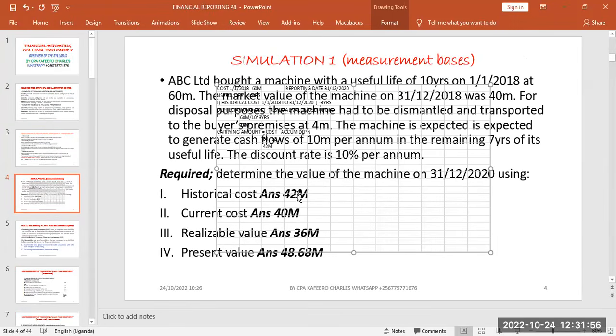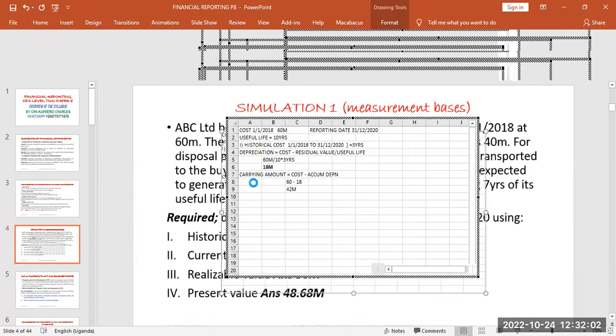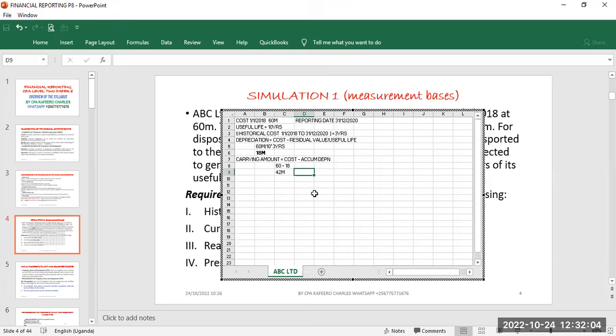It is basically from that computation that you are seeing here, that 42 million. This is what you are going to be recording in the balance sheet.